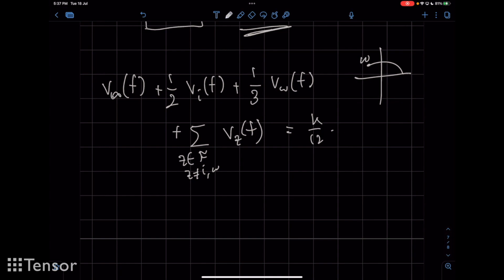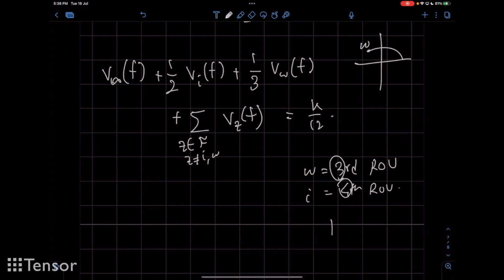Here's a very interesting observation. Omega is the third root of unity, i is the fourth. So these two numbers, 3 and 4, come up very often in the study of modular forms. In fact, the LCM of 3 and 4 is 12.